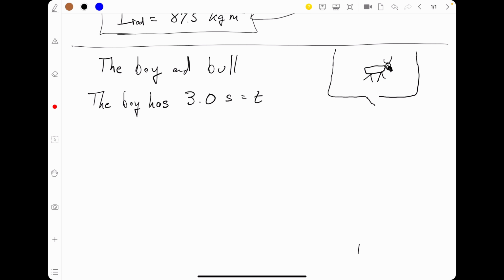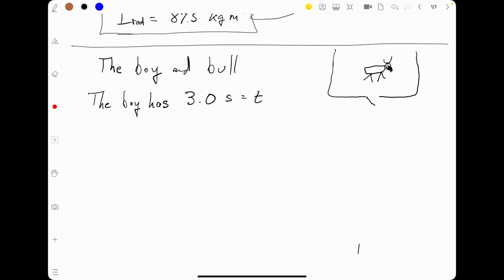So let's just say 3 equals t, and let's analyze this gate situation. I'm pretty sure we're using 1/3 ml squared for the gate.